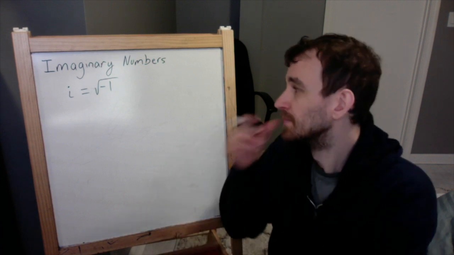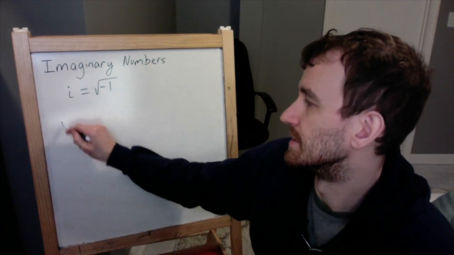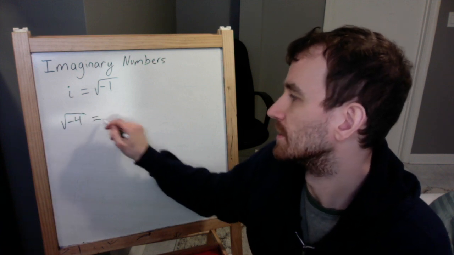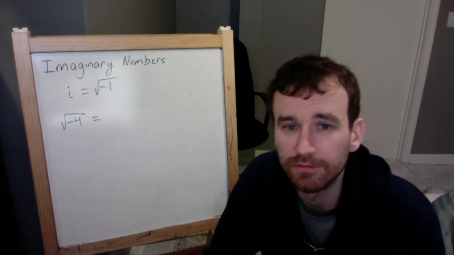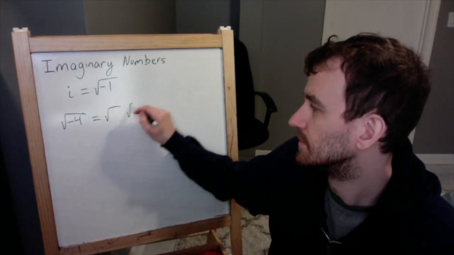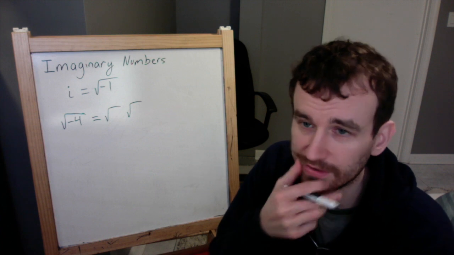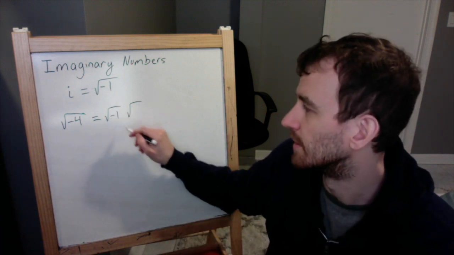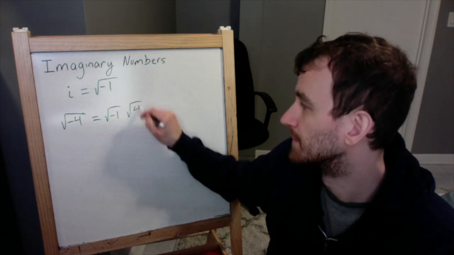For example, if we wanted to figure out what is the square root of -4, well, we learned when we were dealing with roots that if you have the square root of something, you can say that that's the square root of two numbers that multiply together to get you that. So the square root of -4 you could rewrite as the square root of -1 times the square root of 4.